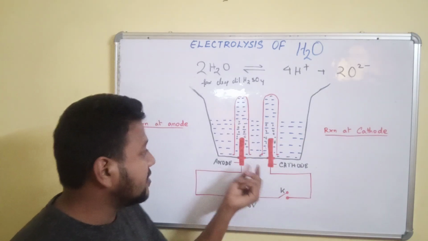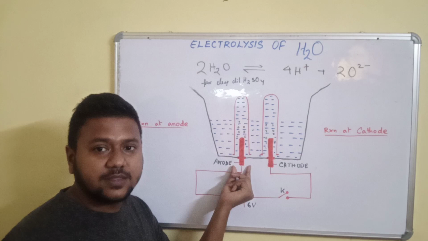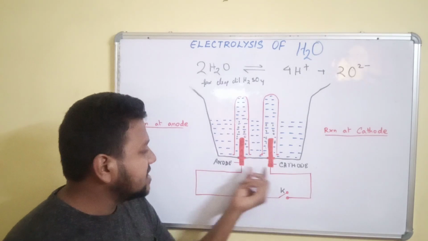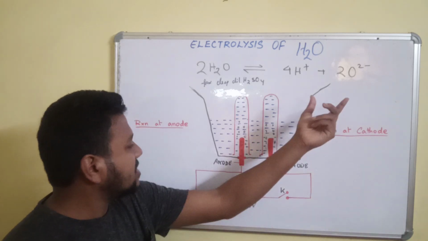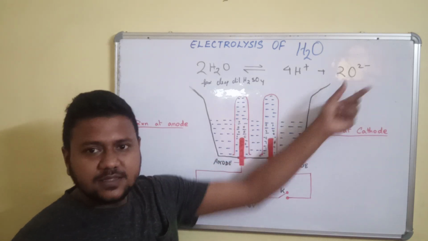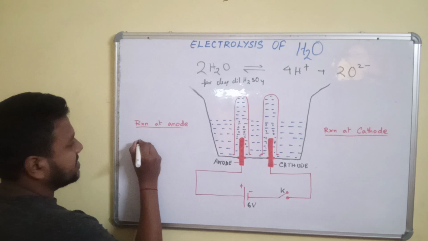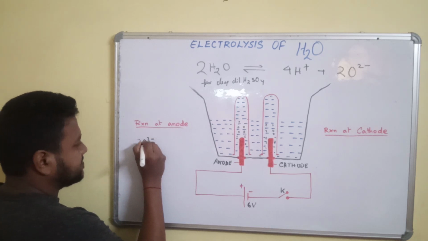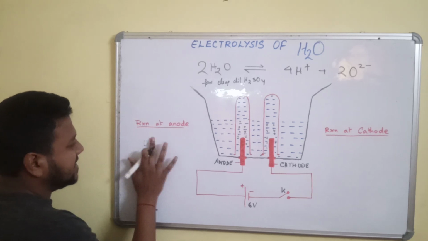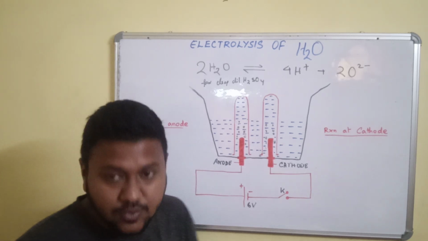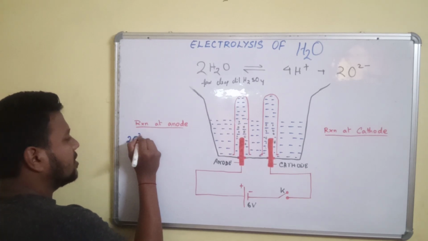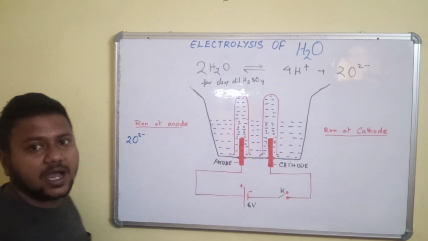Now we have to understand what reactions are going on at the anode and at the cathode. At the anode we get the negative ions, so we take the negative ions, 2O2-. This 2 minus is the charge.